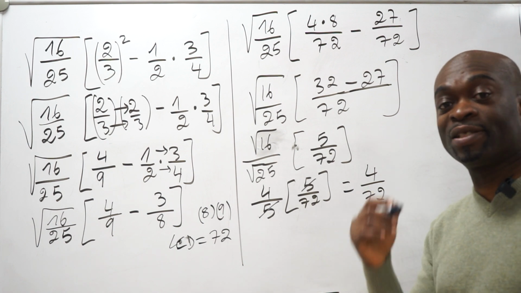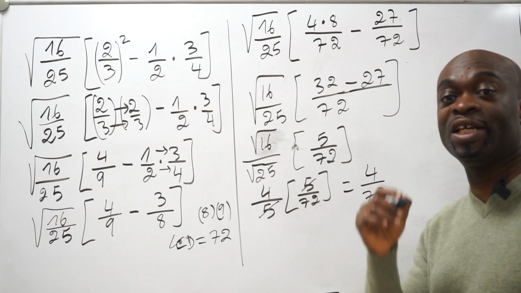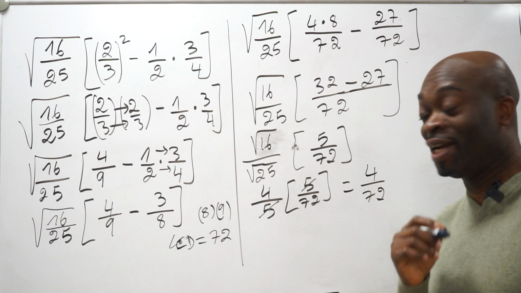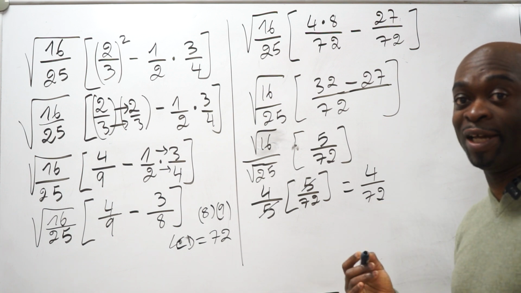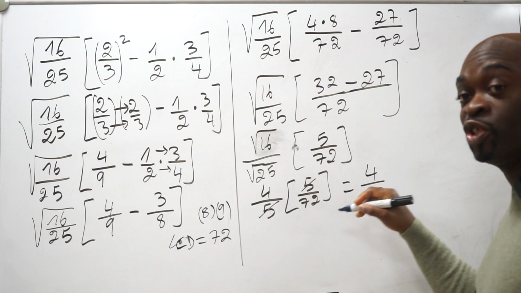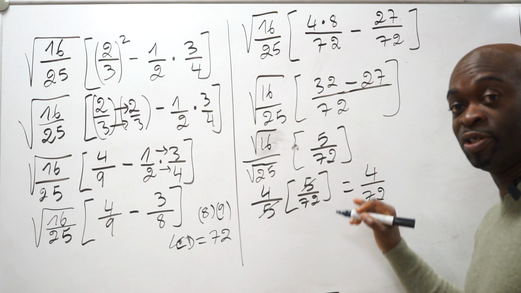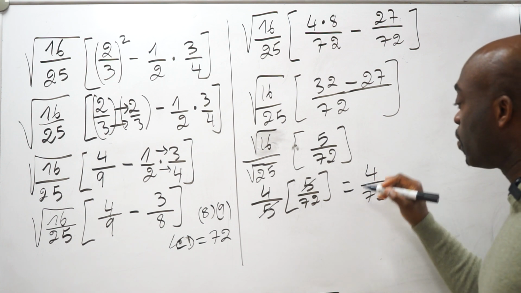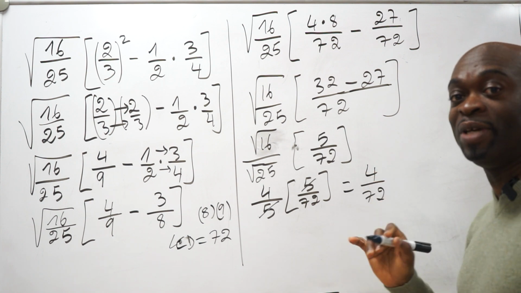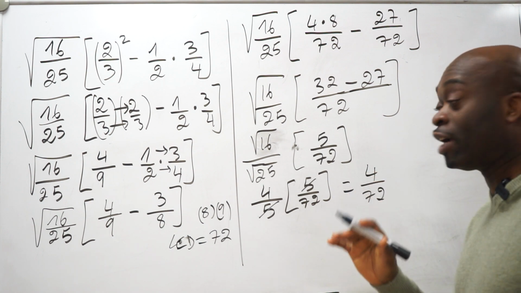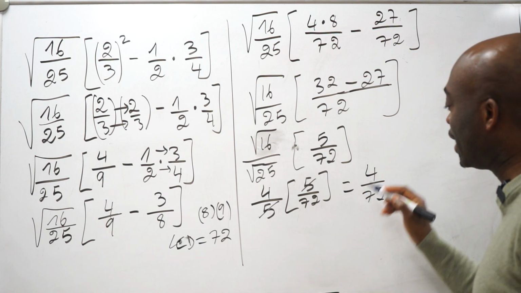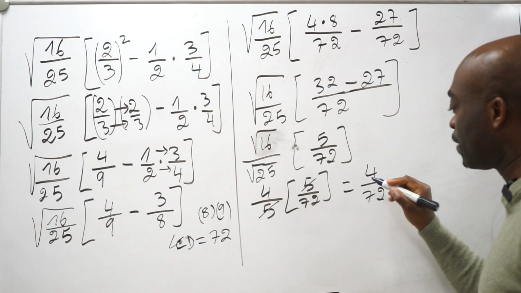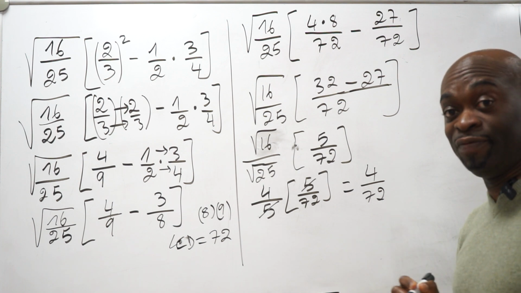And ladies and gentlemen, that's the reason why we need to know our multiplication table. Okay? So can 4 go into 72 evenly? You just got to try, okay? Or even if it's 2, because these two numbers are even numbers. So because the two of them are even numbers, that means 2 can go into the two of them evenly. If you don't know if 4 can go into these two evenly, at least try 2. And why? Again, is because 4 is an even number, 72 is also an even number.